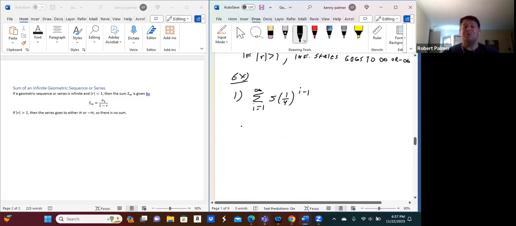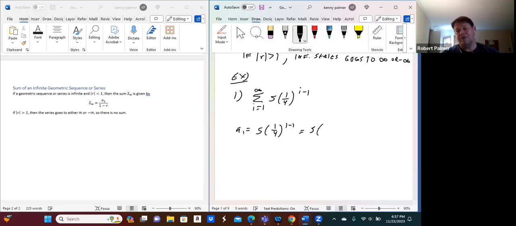On this one, we want to find, once again, our initial value and also our common ratio. So A1 is going to be when i equals 1, so that's 5 times 1/4 to the 1 minus 1, which is 5 times 1/4 to the 0.